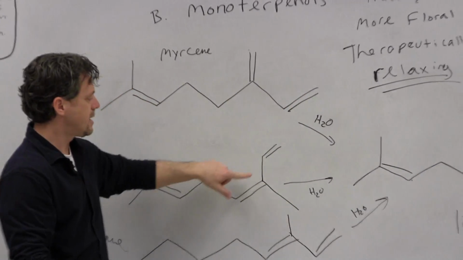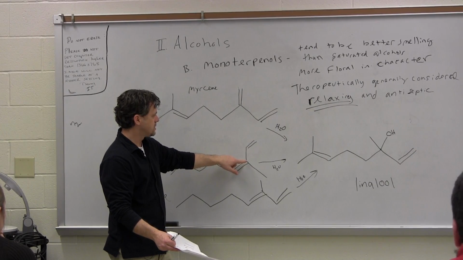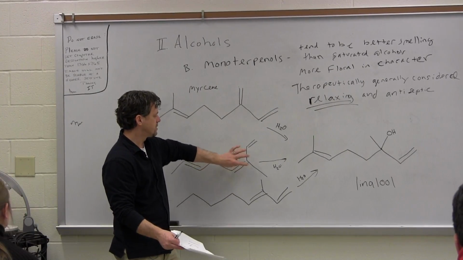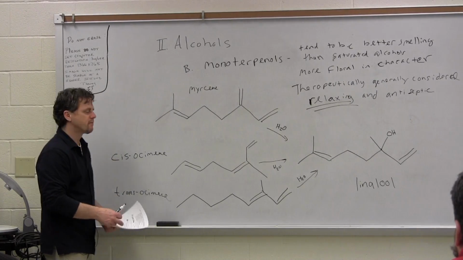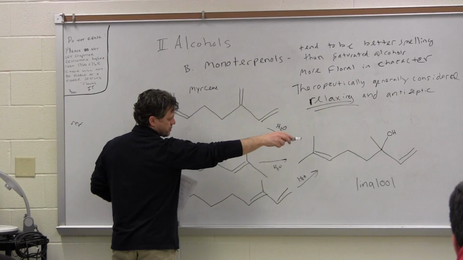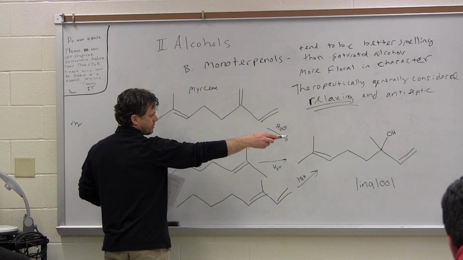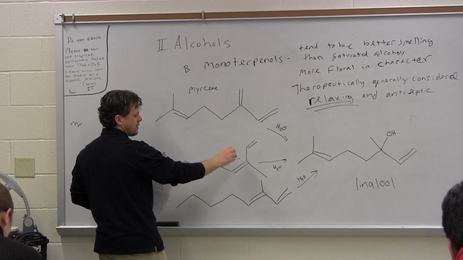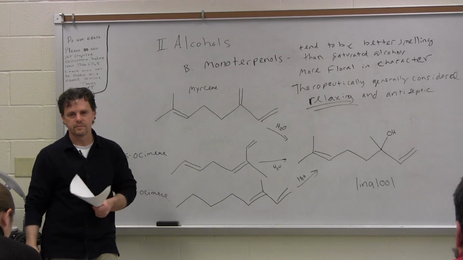So once your OH group is added here, this can rotate around to that orientation. It's not fixed anymore. You add your OH here, your H here, and then you can see how it gets you right there. This one, once you add it, you have to imagine a rotation around a single bond to get to that.